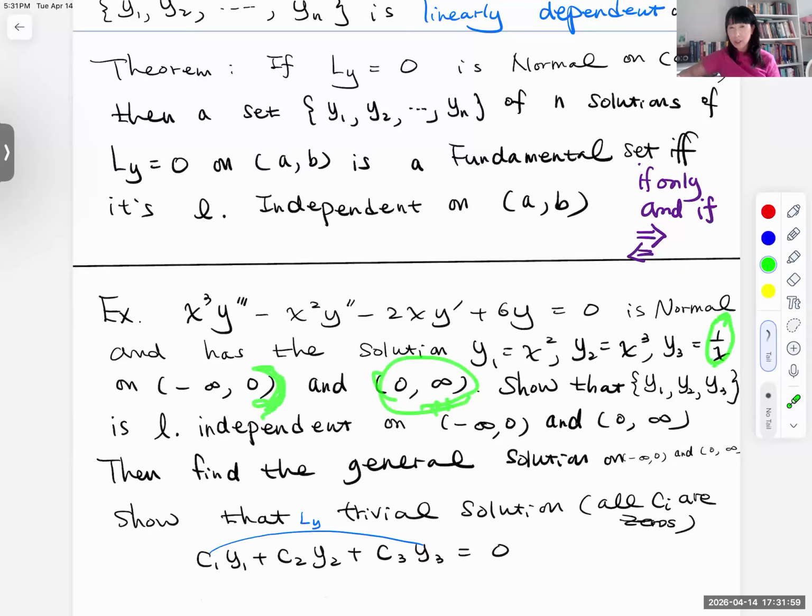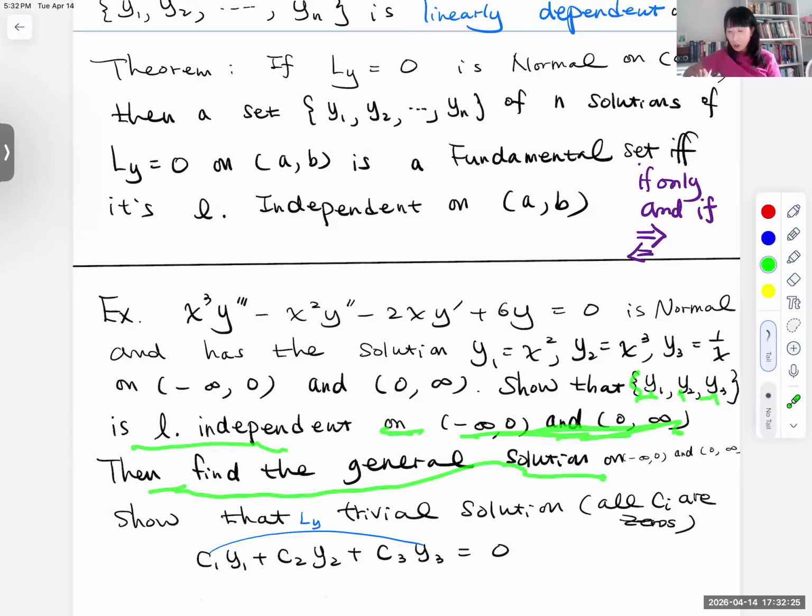Now show that the set y sub 1, y sub 2, y sub 3 is linearly independent on the open interval not including 0. Then find the general solution on the open interval, not including 0.